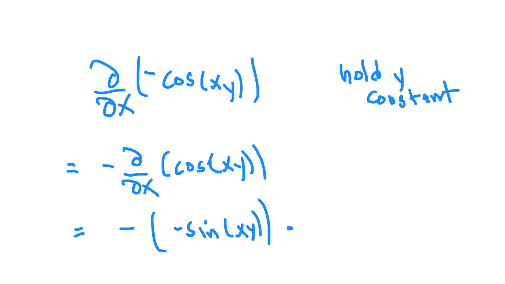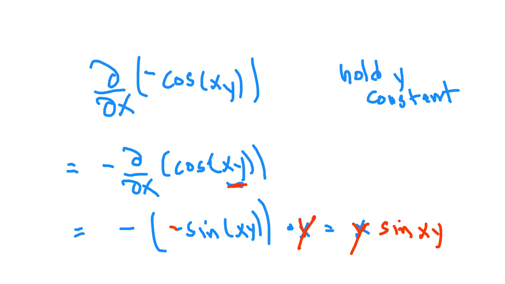And then the derivative of x times y, if you're holding y constant, you're going to get an x. No, it's going to be y, right? I made an error. Because you're holding the y constant, the derivative of x times y, the derivative of x is 1. So you're going to get y times the sine of xy.